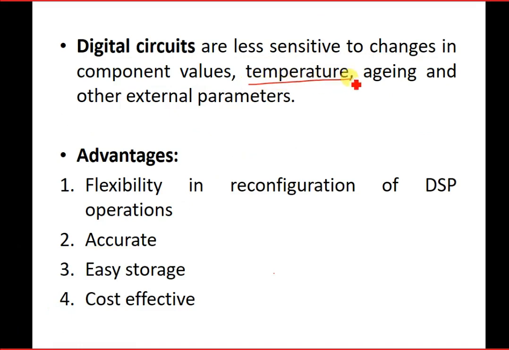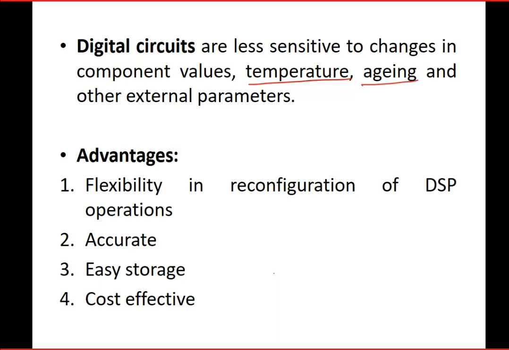Then next, temperature. We all know if you increase the temperature, the resistance of a wire decreases. So in analog circuits, there will be changes in the output of your circuit. Then aging: as electronic components are kept in a place for a longer time, the performance of the analog circuit varies, and this process is called aging.